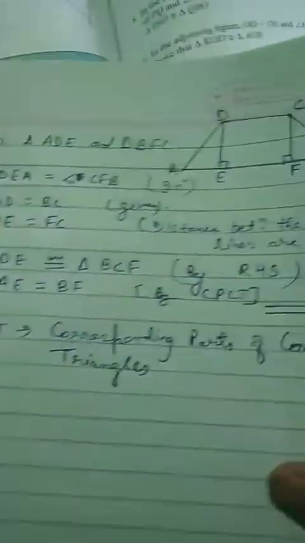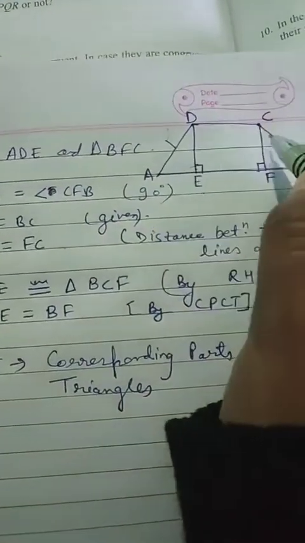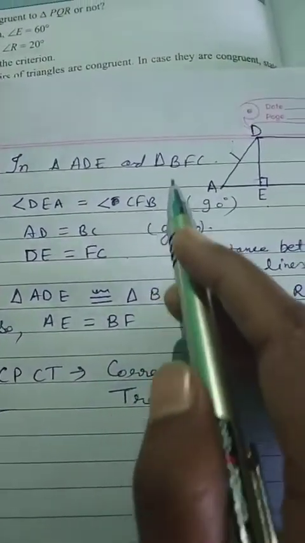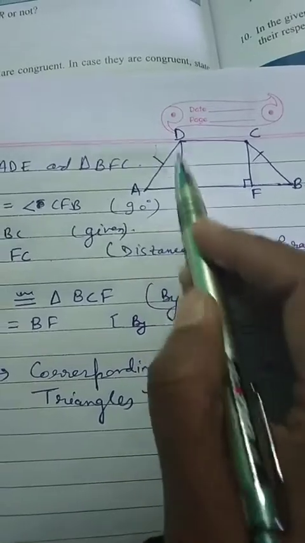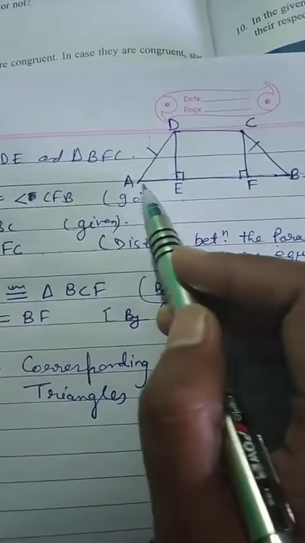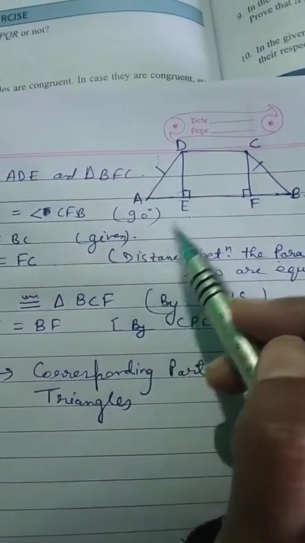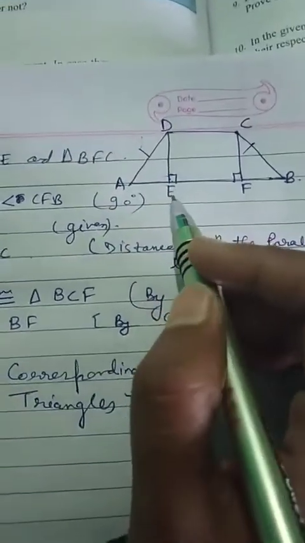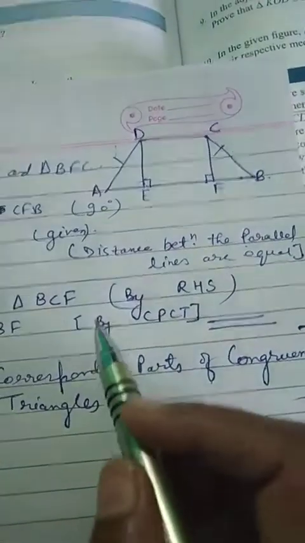First of all, you will draw the figure like this. Okay. This side is equal to this side. So you will make these two triangles congruent. Okay. After making these two triangles congruent, we can say that AE is equal to BF by CPCT. CPCT, I think I have not explained to you. CPCT means corresponding parts of congruent triangles.